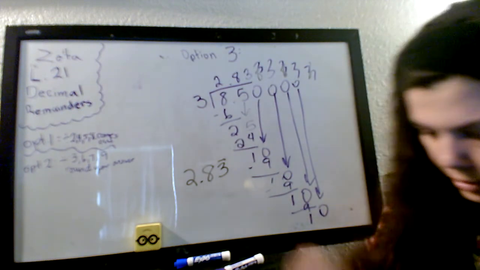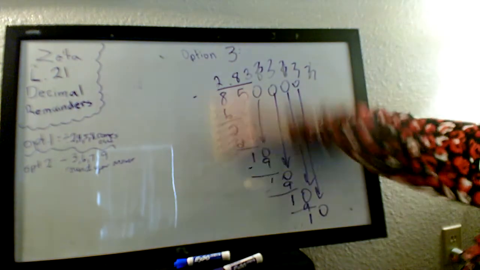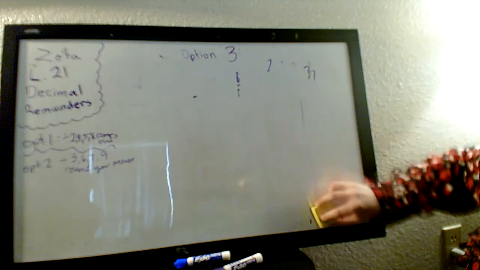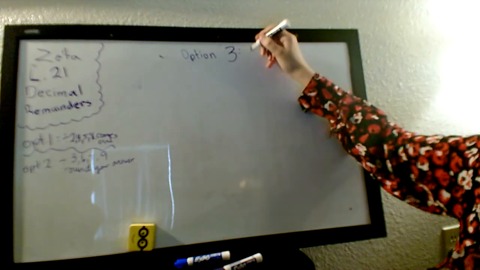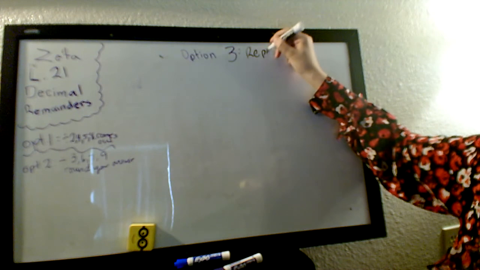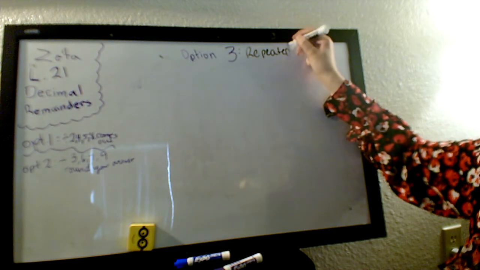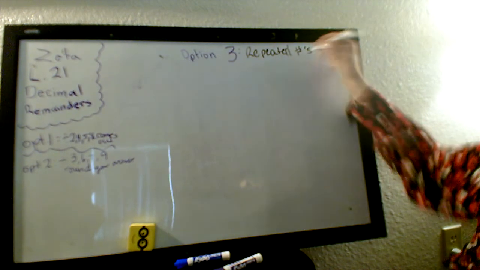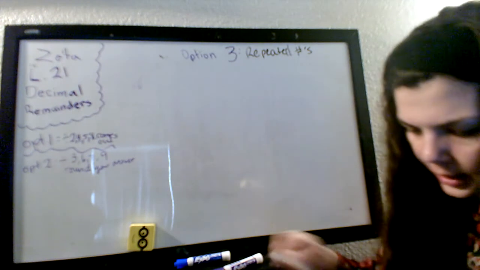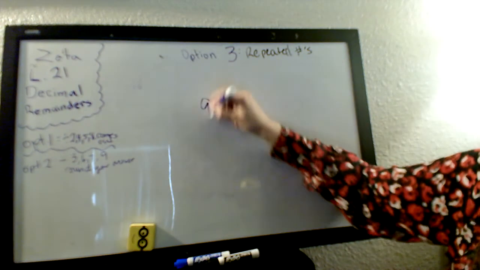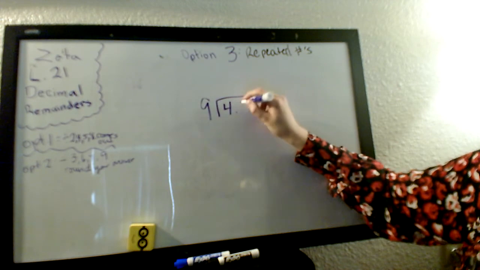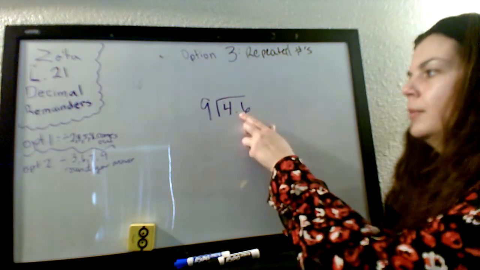All right. So let's do one more of those. Let's call this one repeated numbers. All right. So the next one, I like my purple pen today. 9 into 4.6. All right.